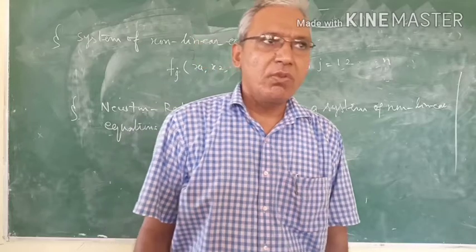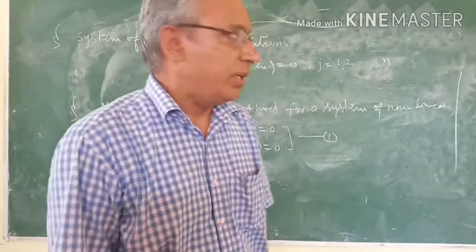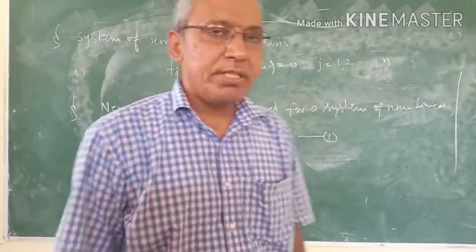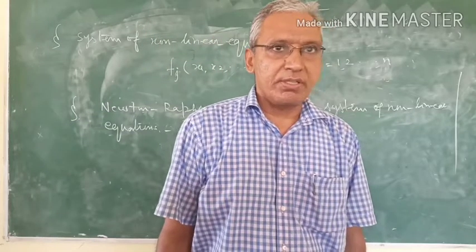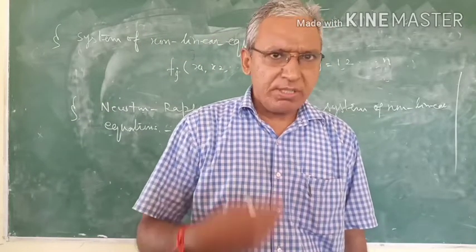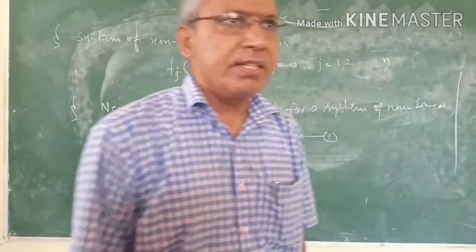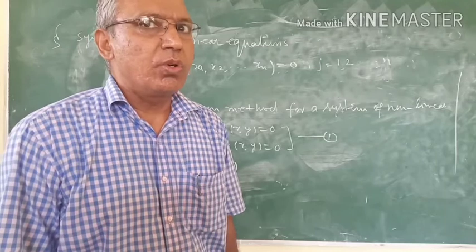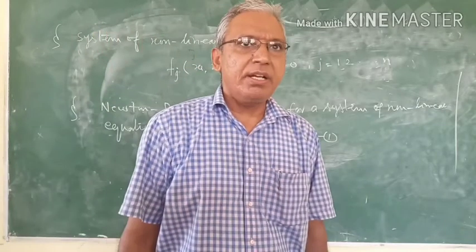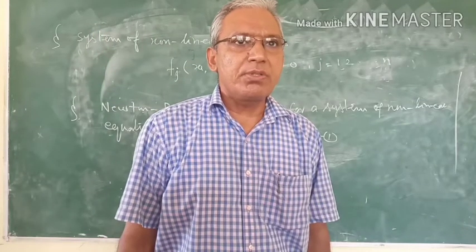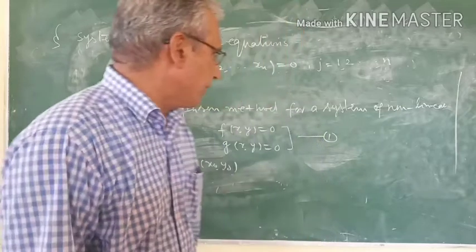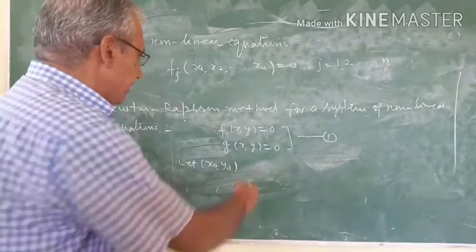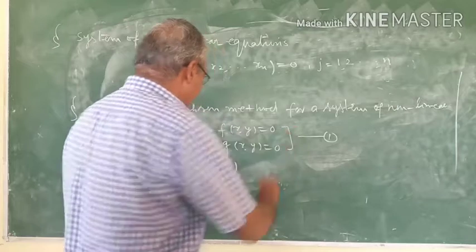First of all, we discuss the Newton-Raphson method for a system of nonlinear equations. For simplicity, we consider the system of two nonlinear equations in two unknowns, x and y. Suppose we are taking two equations, f(x, y) equal to 0 and g(x, y) equal to 0.